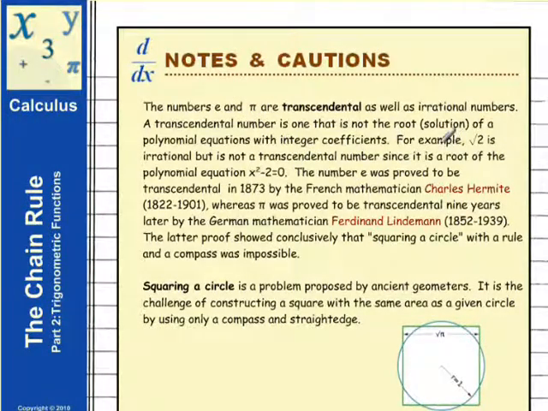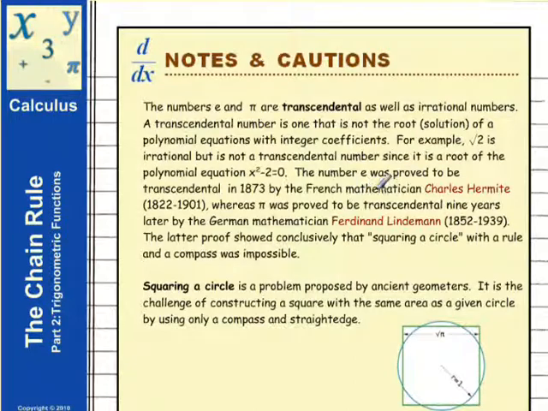Those are irrational numbers, but a transcendental number is also one that is not a solution of a polynomial equation with integer coefficients, as opposed to the square root of 2, which is irrational but not a transcendental number, since it's a solution to the equation x squared minus 2 equals 0. So that keeps square root of 2 from being a transcendental number, because it's the solution to a polynomial equation with integer coefficients.